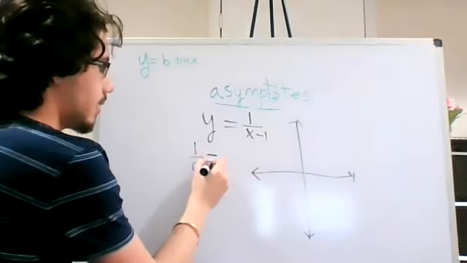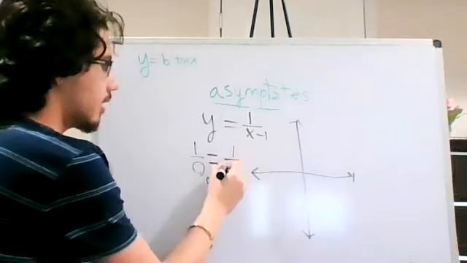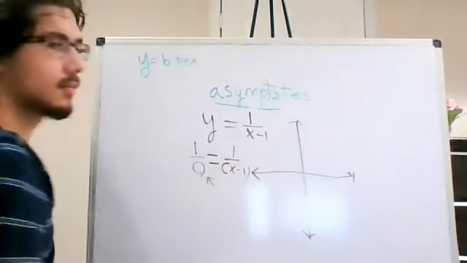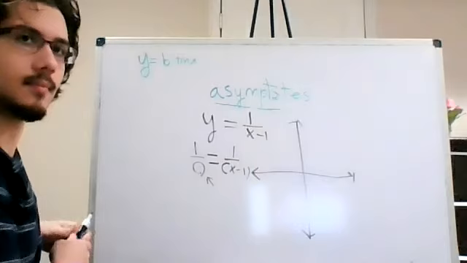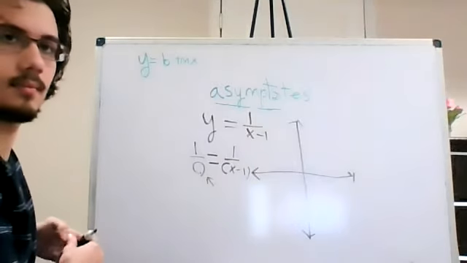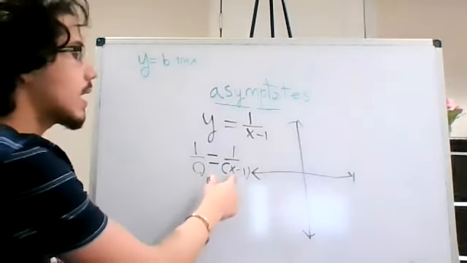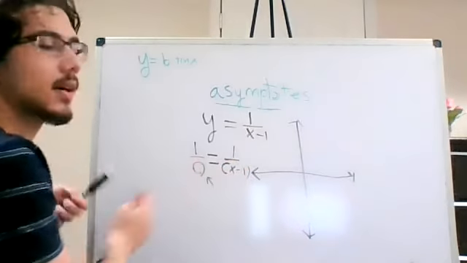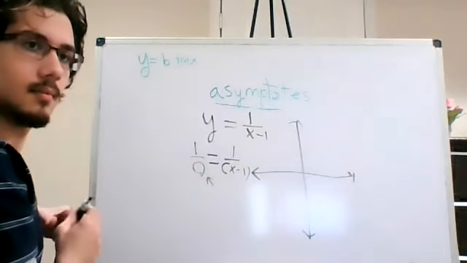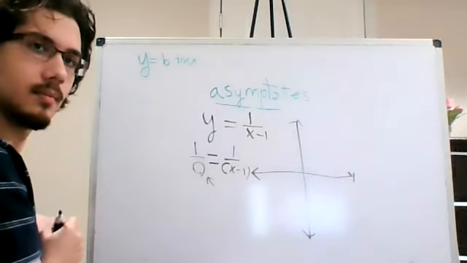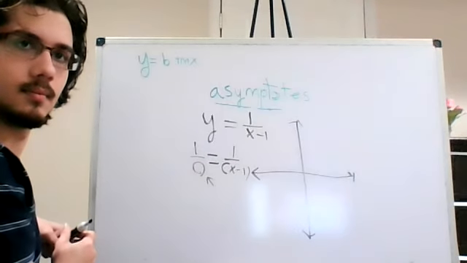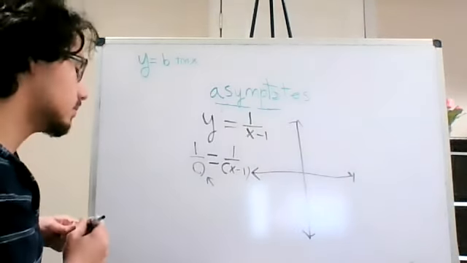So we want 1 over 0 to be x minus 1. Mr. Raj, what x value does this become 1 over 0? -1.